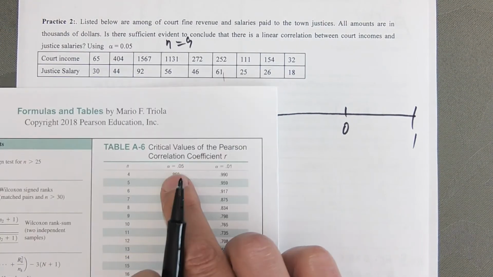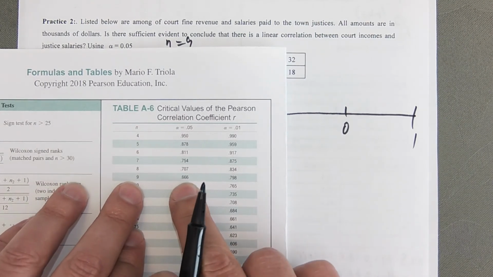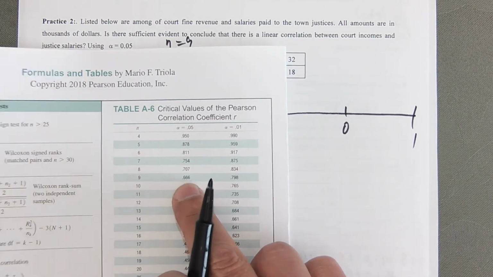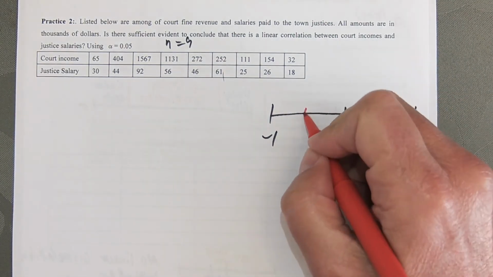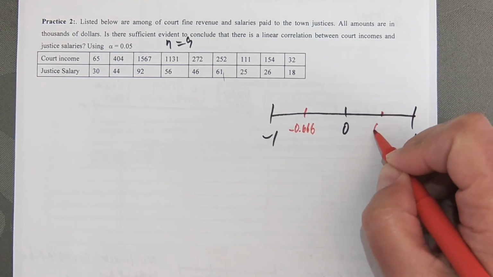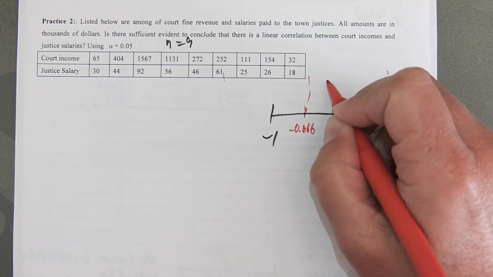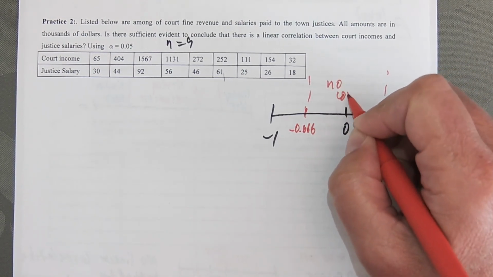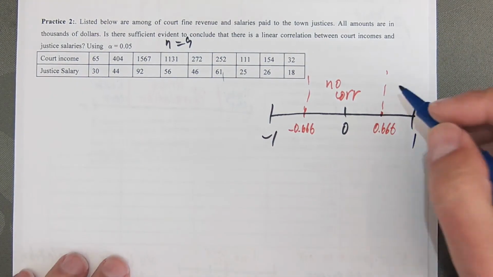So once again, alpha is 0.05 and n is 9 in this case. So here we have 0.666. Once again, this is the no correlation zone. And this is the correlation zone.